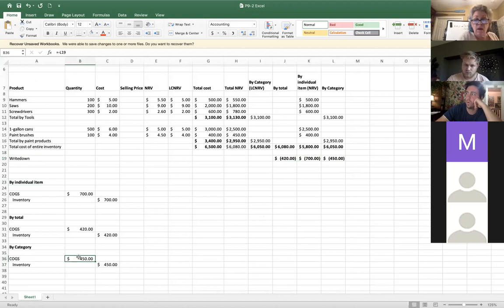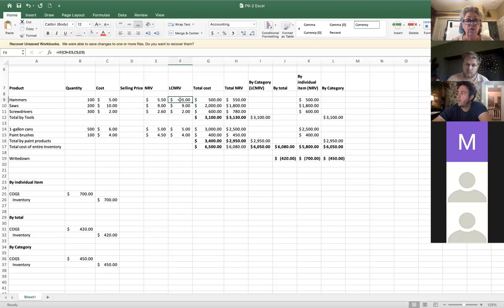So when you're calculating NRV by individual item, you get to choose, but which is like choose between total NRV versus total cost. Right. So here I calculated what was NRV by unit cost. What was the lower by unit cost?